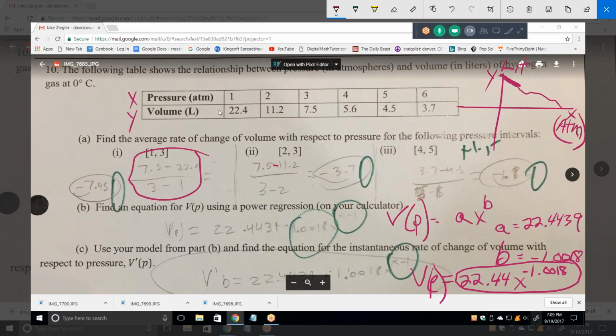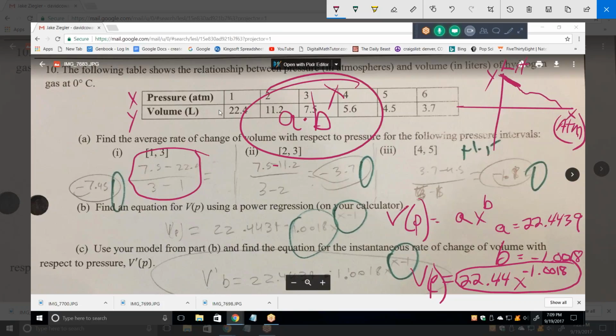A power formula is merely where X is on the algebra line and it's raised to some power. In other words, it's not exponential. Exponential format would be A times B to the X. If you were to do an exponential regression and it gave you A and B, this is where they would belong.